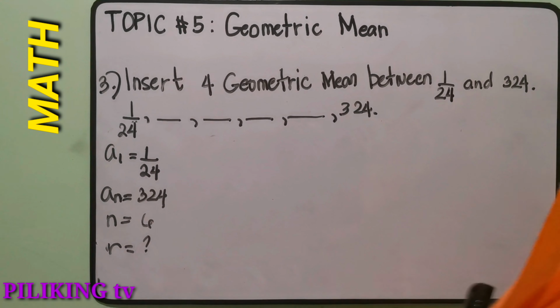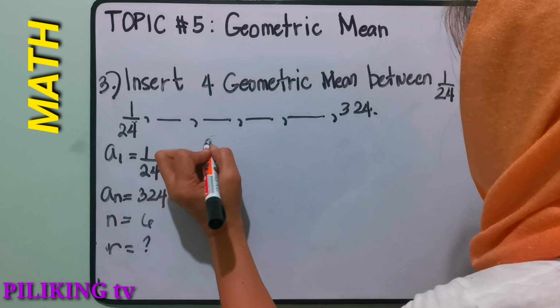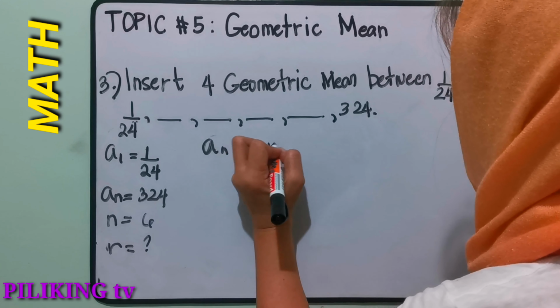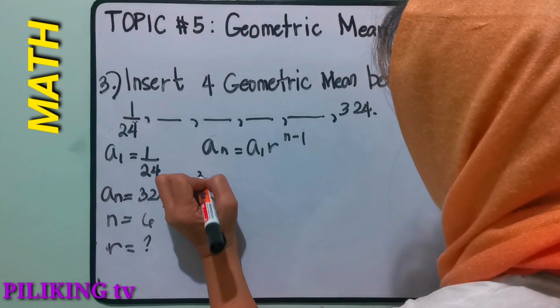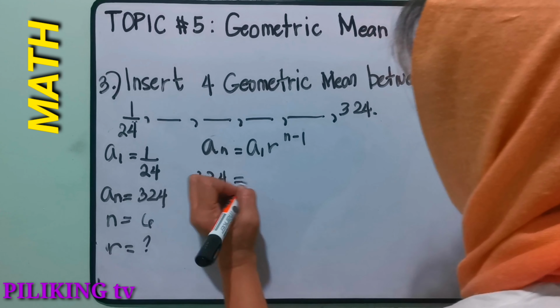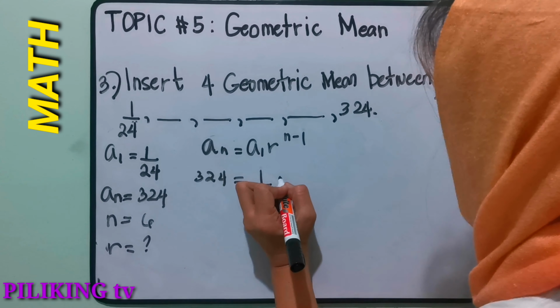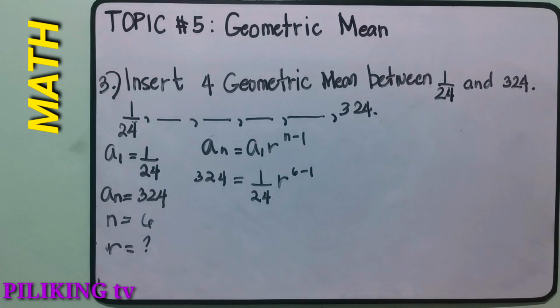Okay? So let us now use the formula. A sub n is equal to a sub 1 times r raised to n minus 1. So a sub n is 324 is equal to a sub 1, which is 1 over 24, times r, which is missing, raised to n, which is 6, so 6 minus 1. Okay?